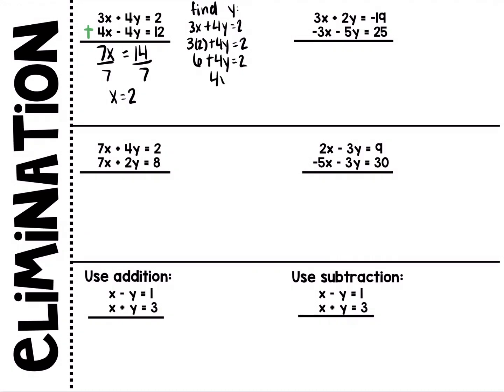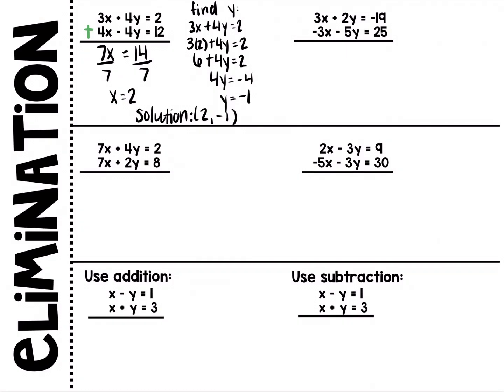So 4y equals negative 4 because you subtract 6 on both sides. So y equals negative 1. Now that we have our x and y, the solution is 2, negative 1. We would say this system is consistent and independent because there's one solution.